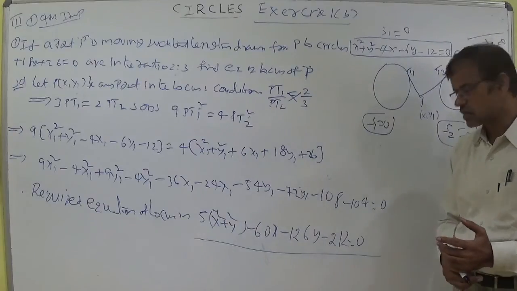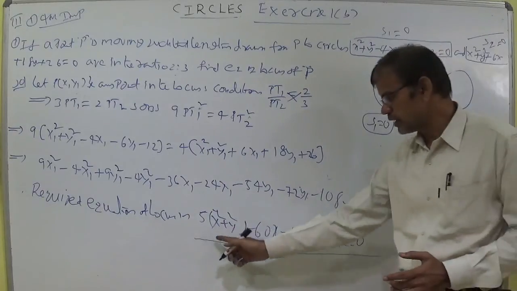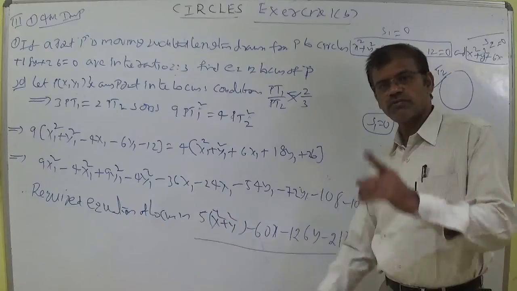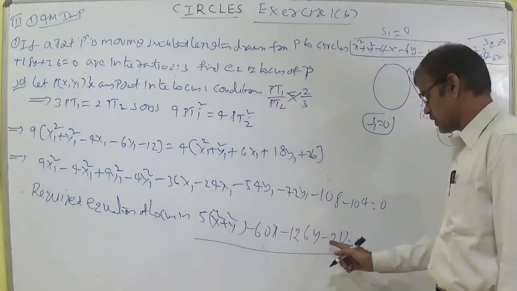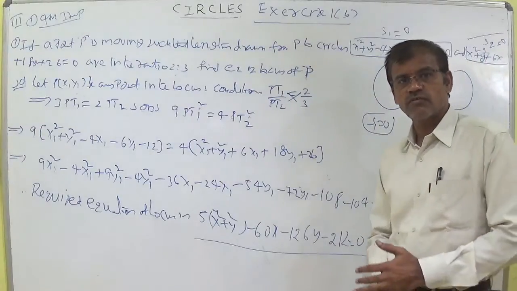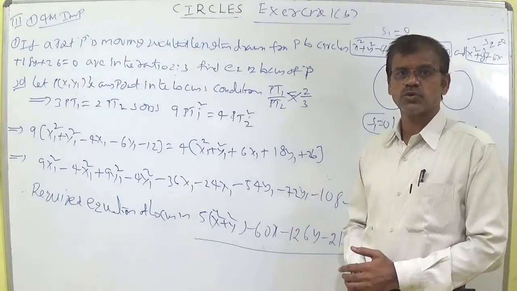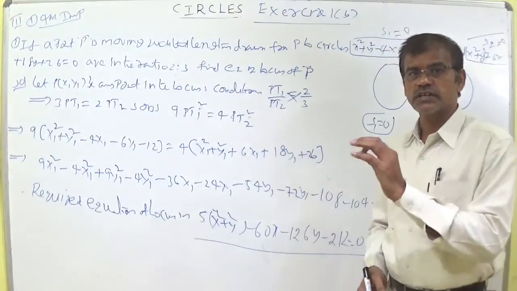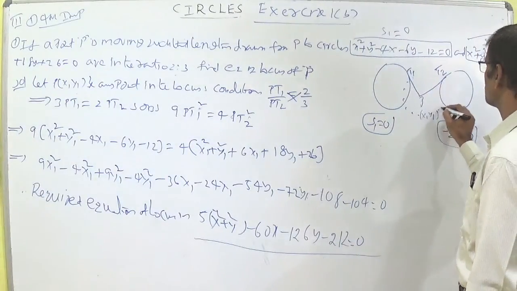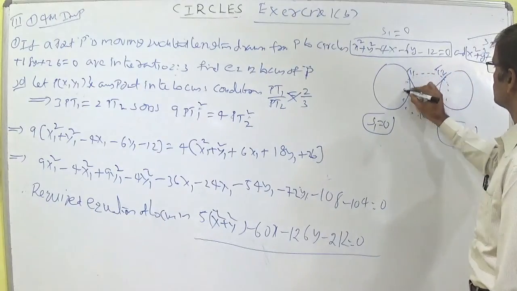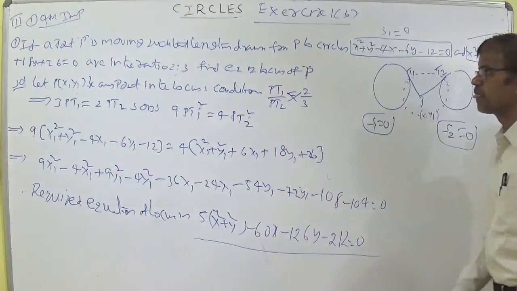You can observe that here the x square coefficient is 5 and the y square coefficient is 5. There is no xy term. The x term is there, the y term is there, the constant is there. Then it is of the form x square plus y square plus 2gx plus 2fy plus c equal to 0. So it is nothing but a circle. So the locus of P is also a circle.